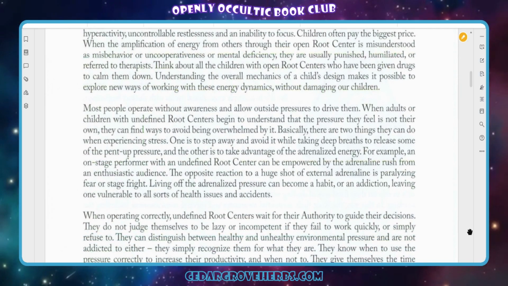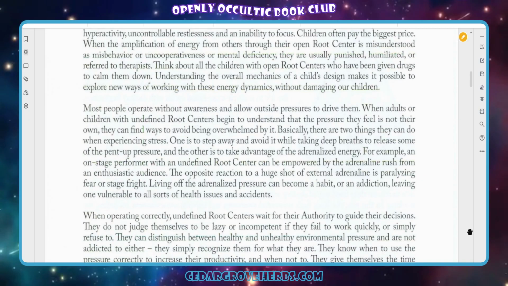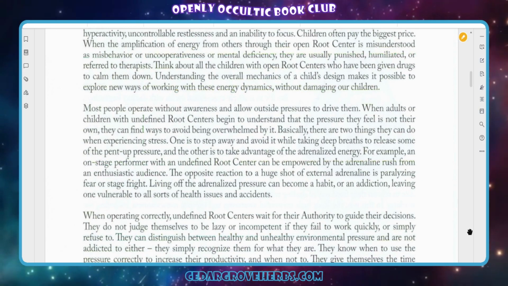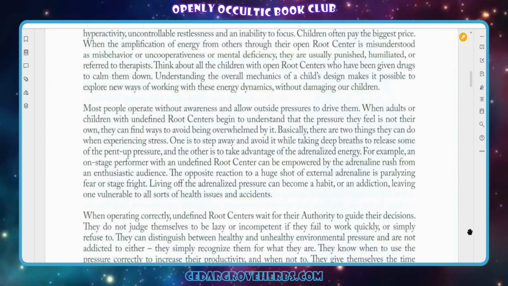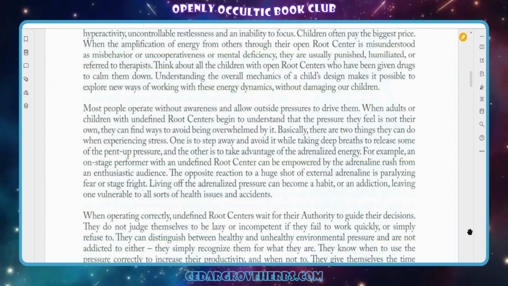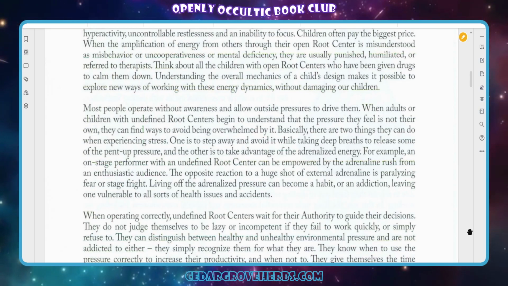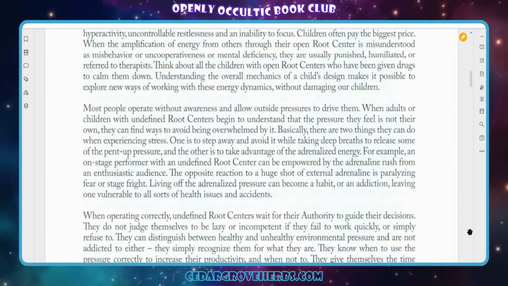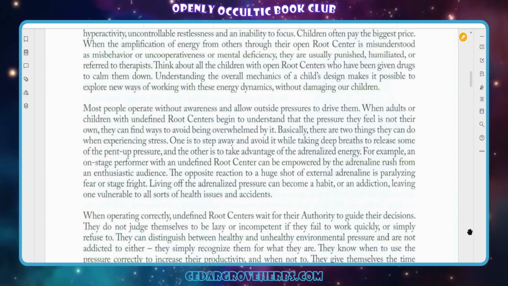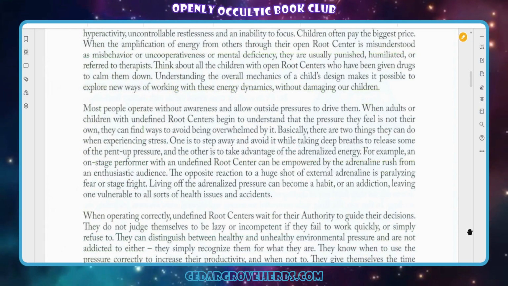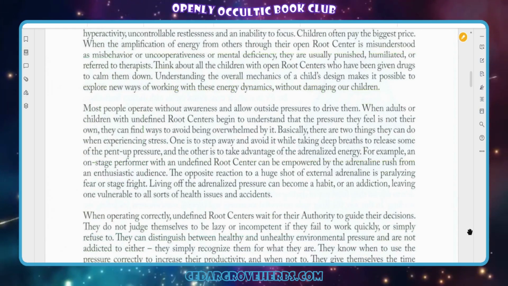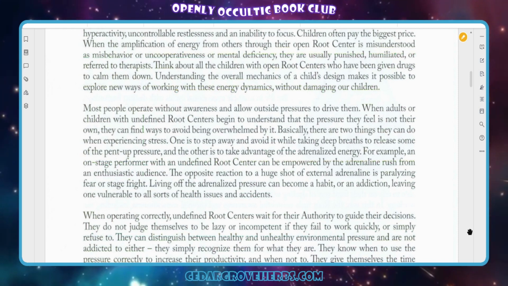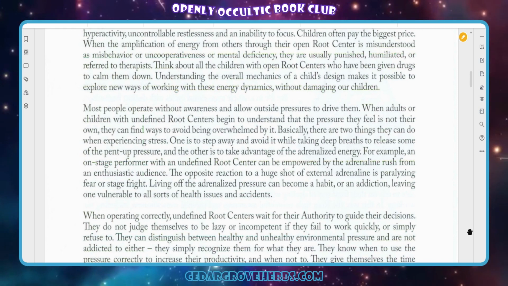Most people operate without awareness and allow outside pressures to drive them. When adults or children with undefined root centers begin to understand that the pressure they feel is not their own, they can find ways to avoid being overwhelmed by it. Basically, there are two things they can do when experiencing stress. One is to step away and avoid it while taking deep breaths to release some of the pent up pressure, right?